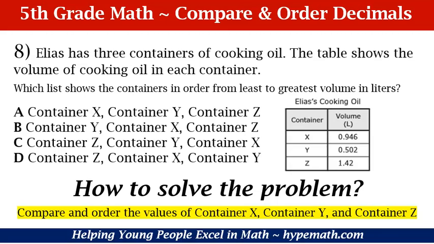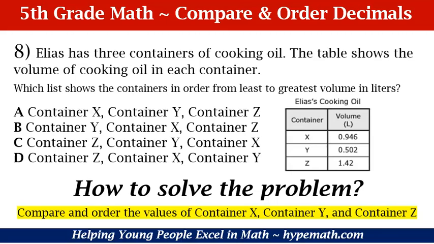So we're looking at the answer choices, right? And then we are going to look at the values. In looking at the values of the containers, which container would you say is the smallest number?